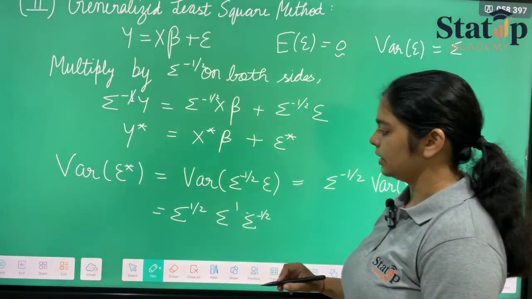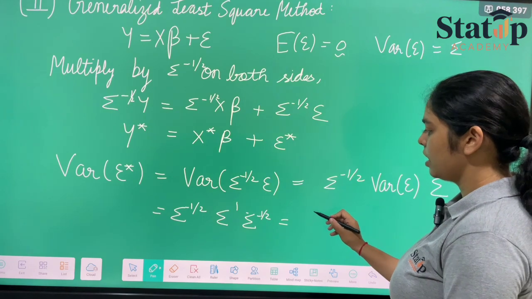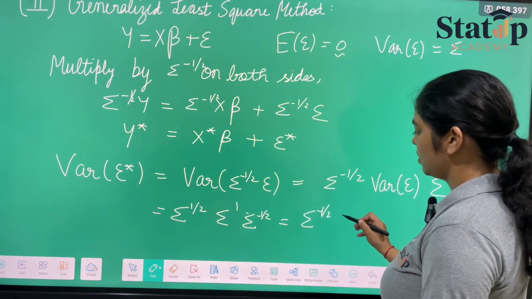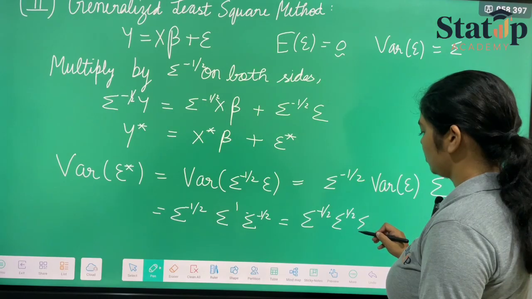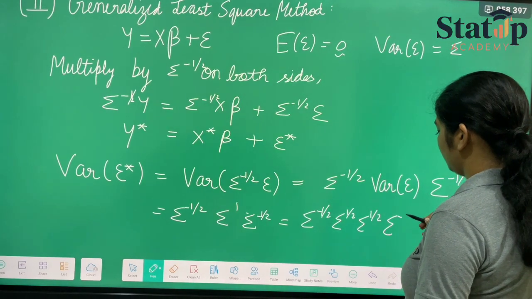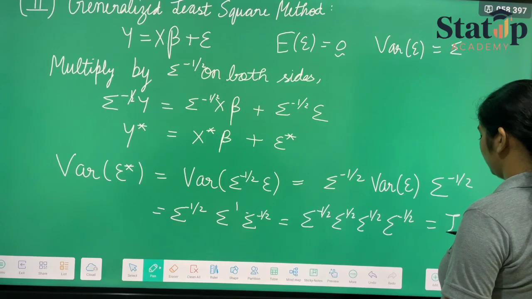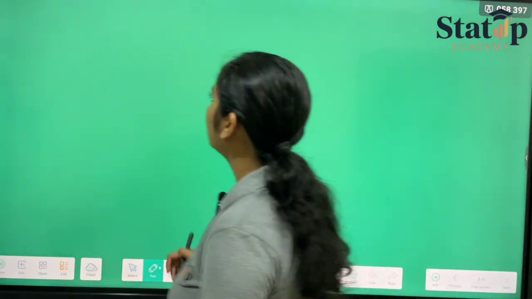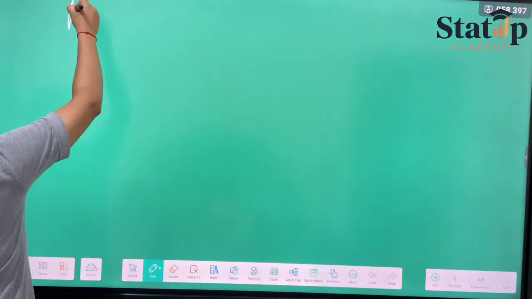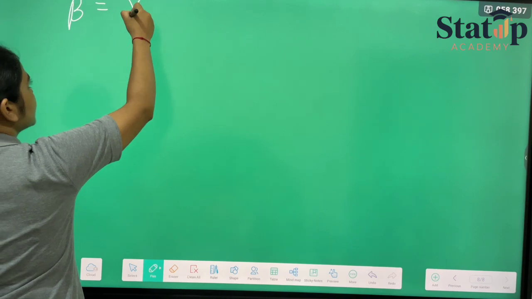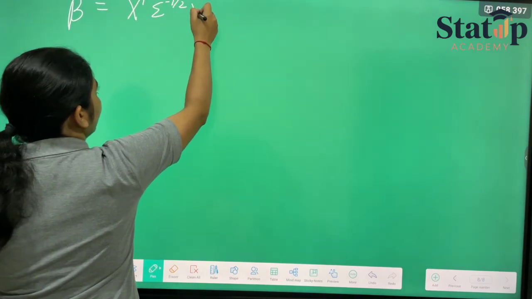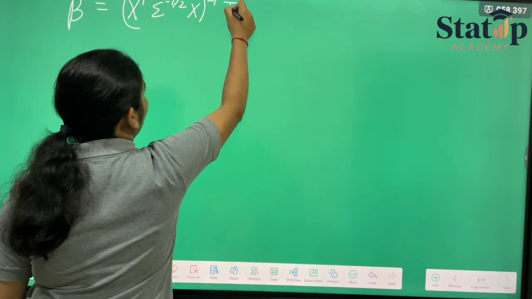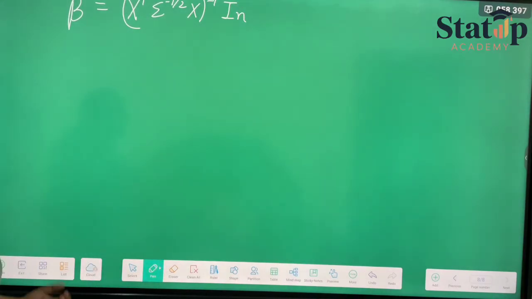Now sigma to the power 1 can be written as sigma to the power half into half. So this will become minus half, half, half, minus half. And this will be obtained as identity matrix, which is a constant. And hence our beta cap becomes x dash sigma inverse x inverse. This will be our estimator.